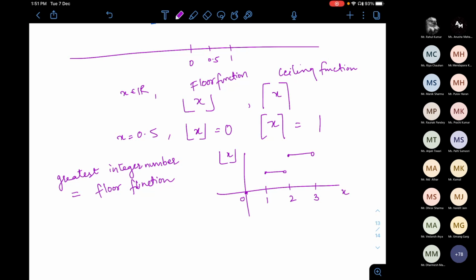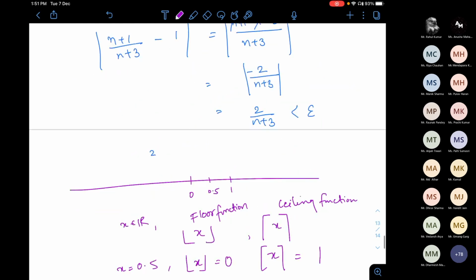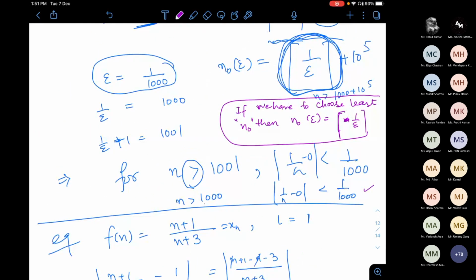Otherwise, whatever n naught of epsilon function I choose, I'll substitute it and make sure that it is less than epsilon. Here it is very easy to check, but with more cumbersome sequences it is very difficult. So I add some number so that I don't have to cross check myself. But if the question asks us to find the least value, then we have to be very careful.